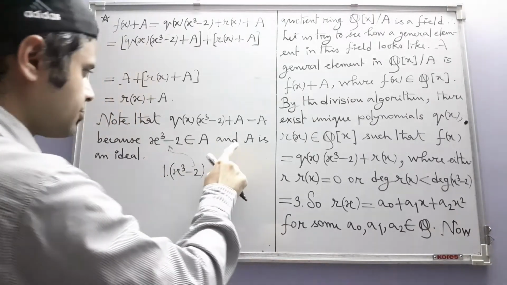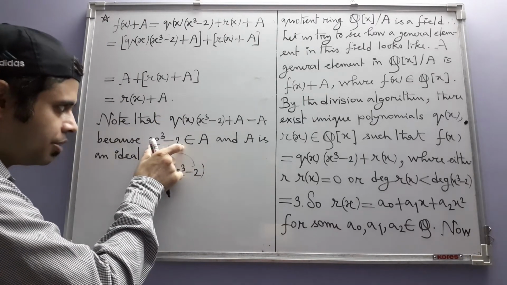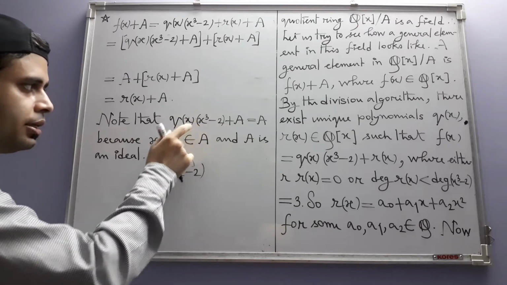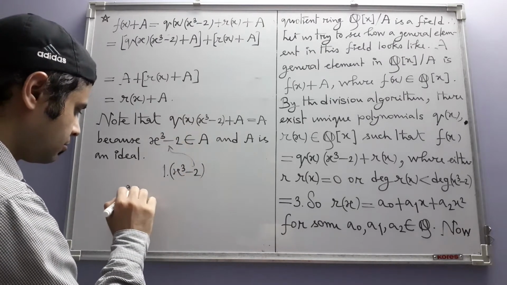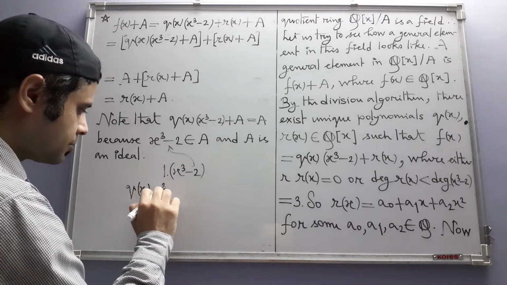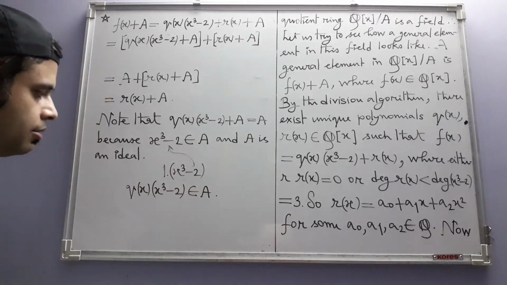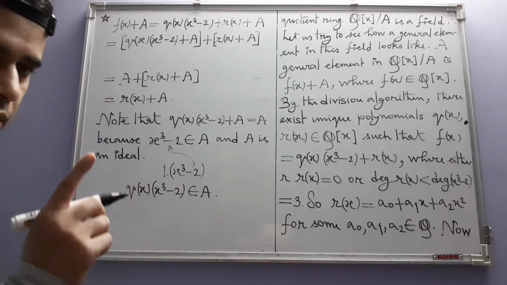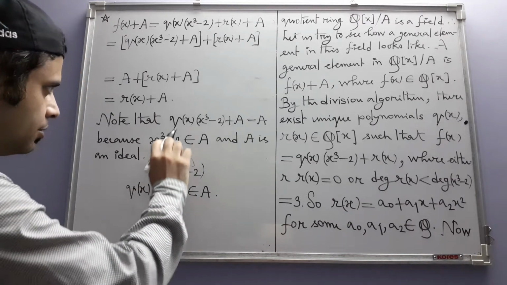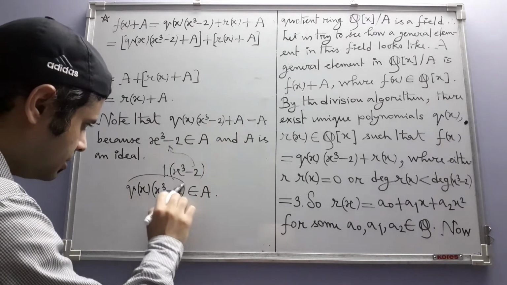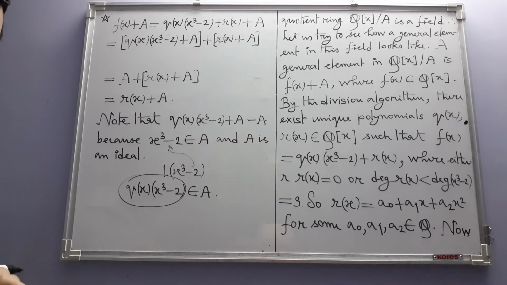Now since A is an ideal, this element times any element from the ring also belongs to A. So that means q(x) times (x cube minus 2) belongs to A. Now because A is an additive subgroup, and this element belongs to A, this coset is actually equal to A itself.